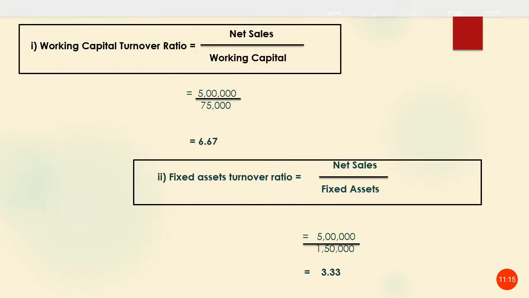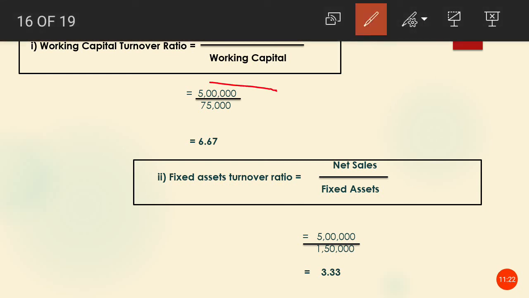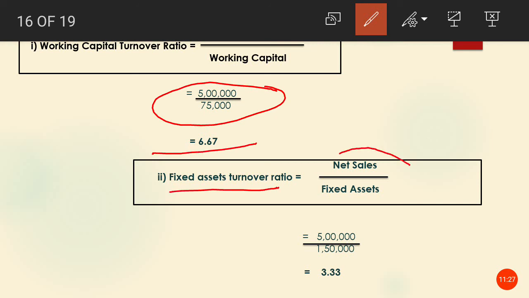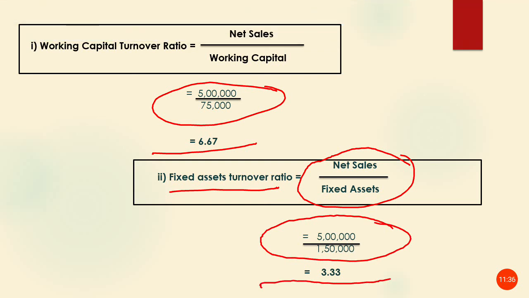Working capital turnover ratio is equal to net sales divided by working capital, is equal to 5 lakh divided by 75,000, is equal to 6.67. Second, fixed asset turnover ratio is equal to net sales divided by fixed assets, is equal to 5 lakh divided by 1,50,000, is equal to 3.33.